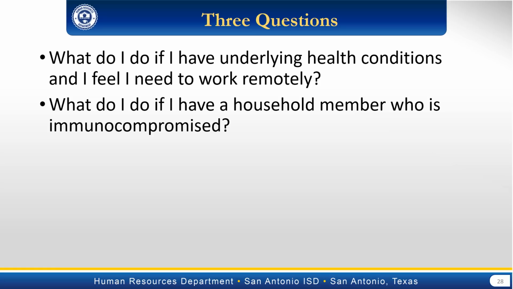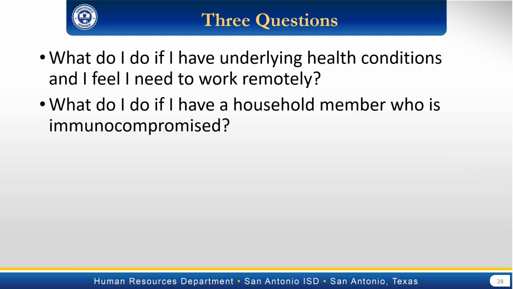And what we're talking about right now is the option to work remotely versus the option to take a leave of absence. Certainly, any employee who has a health condition that would require them to take a leave of absence can apply for a leave of absence. Any employee who has a household member that requires their care for whatever reason, certainly can request a leave of absence under the Family Medical Leave Act. So that's different than working remotely.